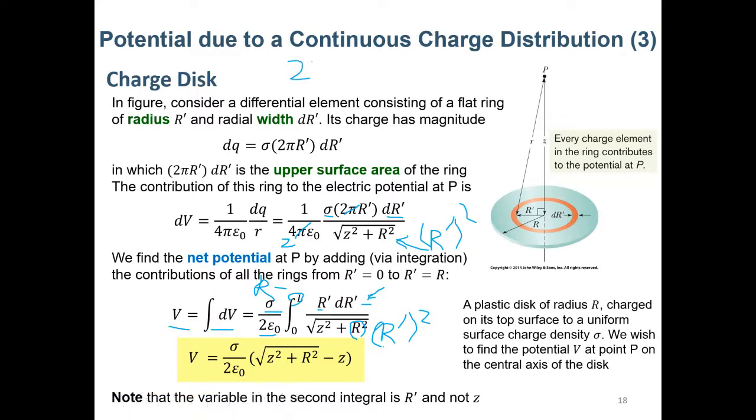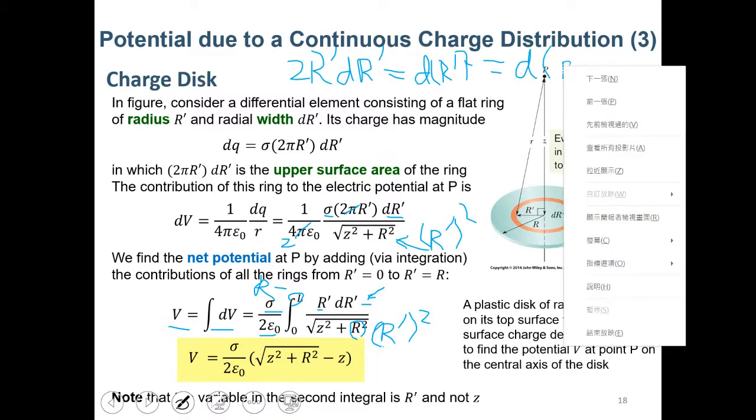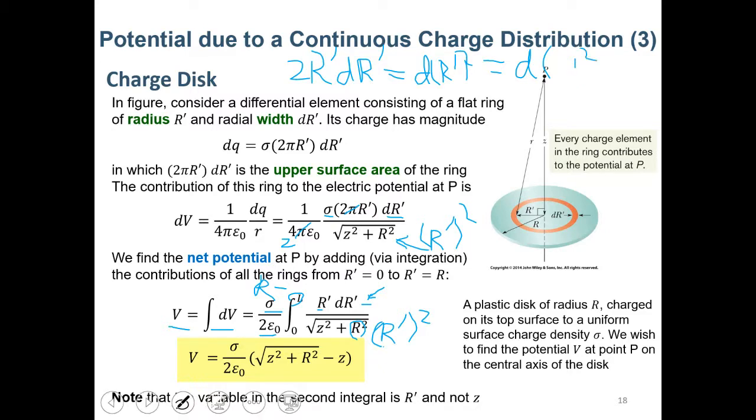Two r prime dr prime should be d of r prime squared, something like this, and it should be equal to 2 r prime squared plus z squared.